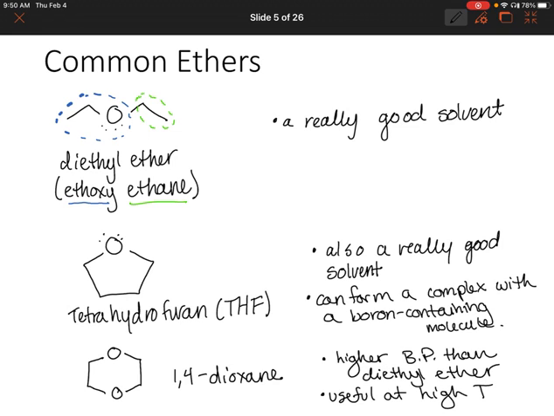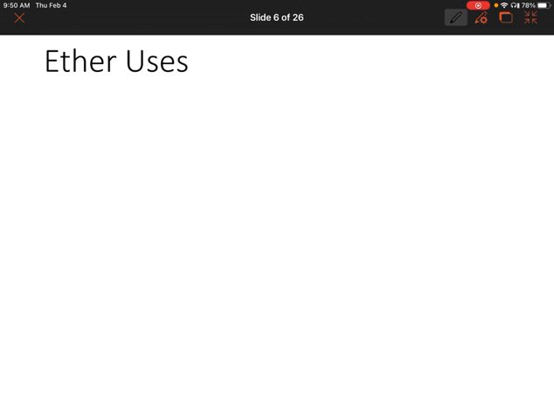All right. So let's talk about some uses of ethers, and we've already kind of covered some of them, but we'll just summarize it on the next slide. So again, ethers are common solvents. Now, part of the reason that they're really good solvents is due to the fact that they're pretty unreactive.